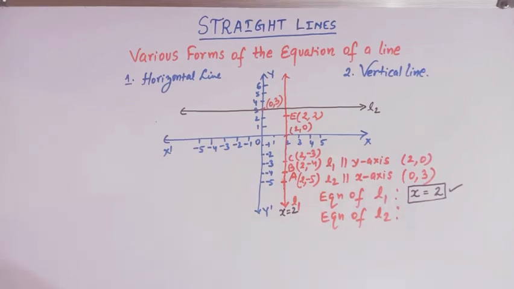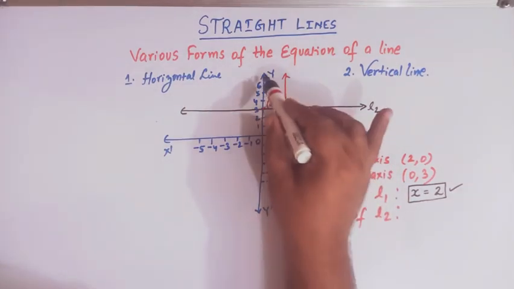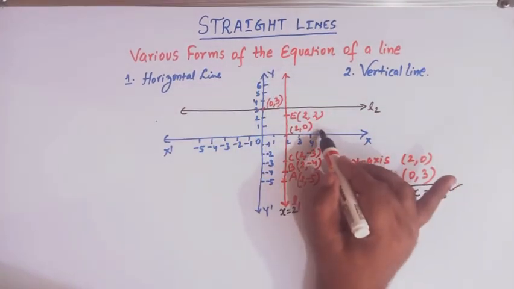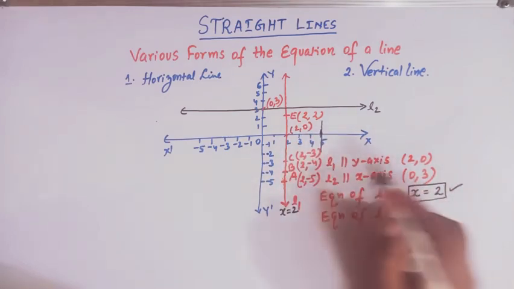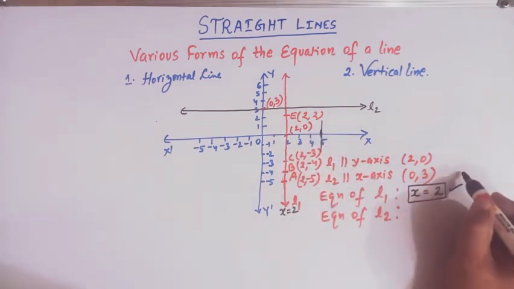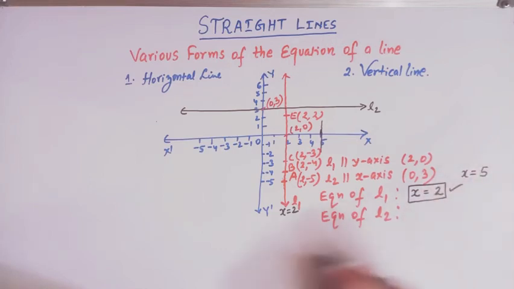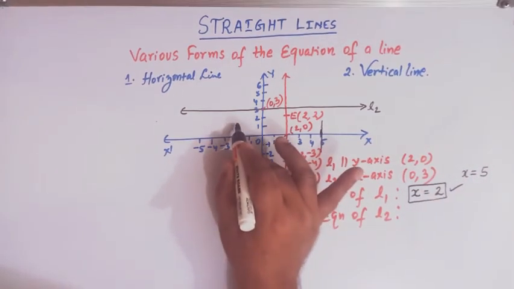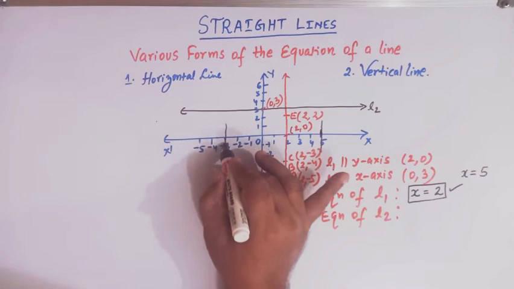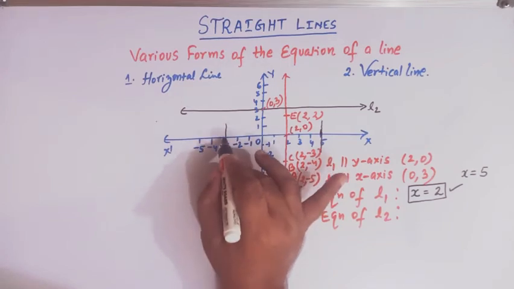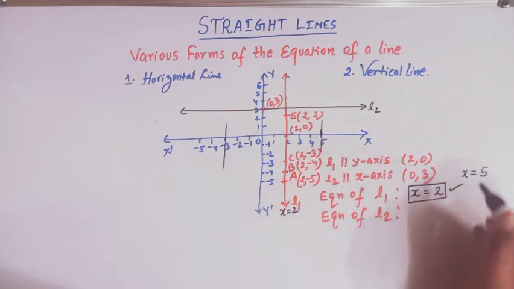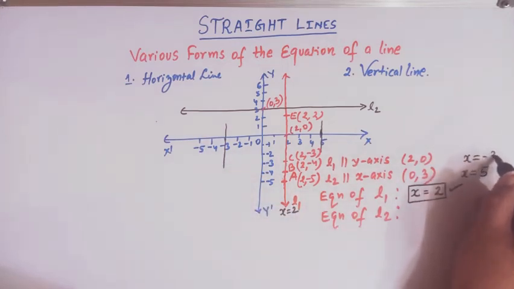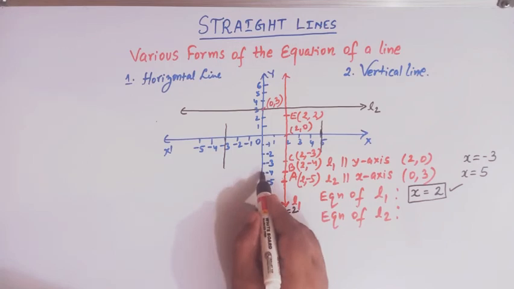Now suppose we have a line which is parallel to the y-axis, and if it passes through this point 5 like this, then the equation of this line would be x equal to 5. Similarly, if a line passes through x equal to minus 3, then the equation of this line would be x equal to minus 3, and this line is parallel to the y-axis.